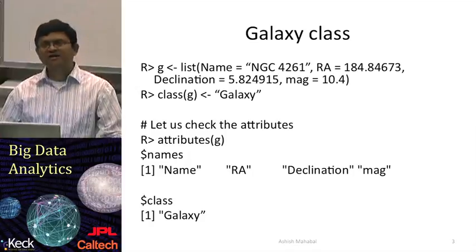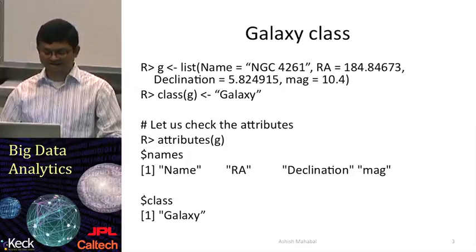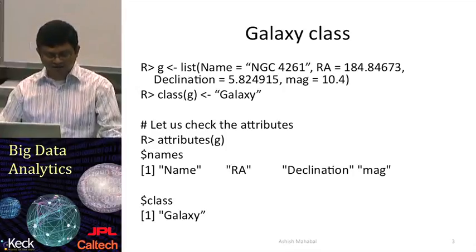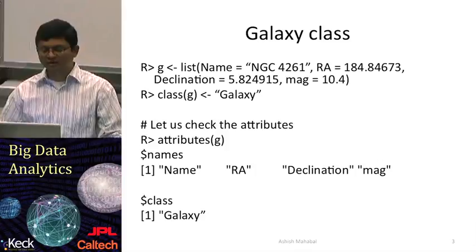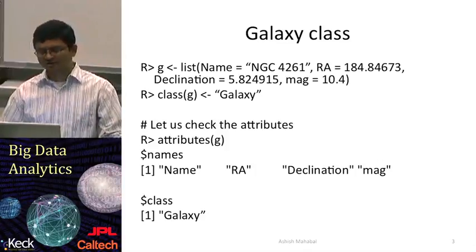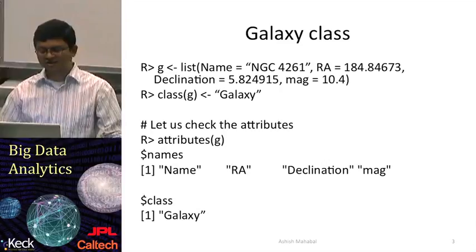Let's try to define an S3 class. Let's say that we have a few galaxies and we want to define a class called galaxy. So here you see that we have a variable g, and we make it a vector by assigning a list to it. We provide some named variables, name equal to, say, NGC4261, RA such and such, declination such and such.